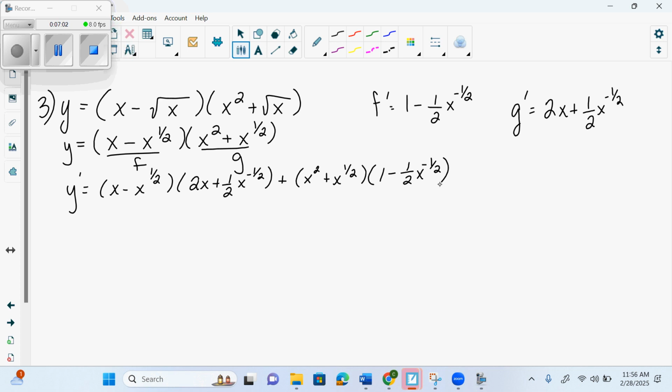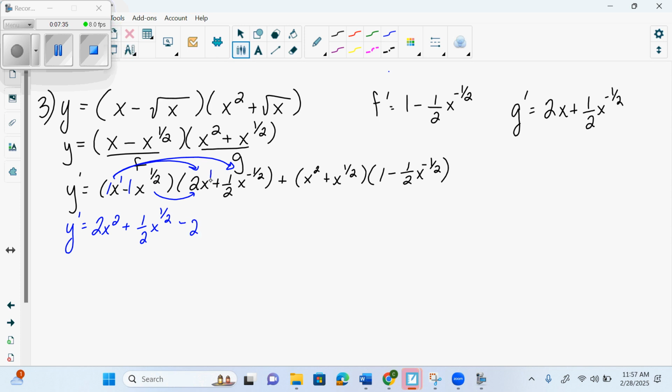Okay, let's do some distribution. So we're going to get x times 2x is what? 2x squared. 1x times a half x to the negative a half. 1 times a half is a half. What's x to the 1 times x to the negative a half? When I add 1 plus a negative a half, you get a half. Yeah. And then here we get negative 1 times 2 is negative 2. What's x to the half times x to the 1?